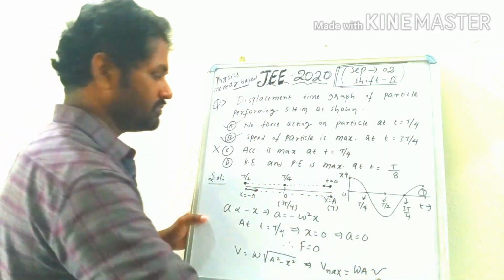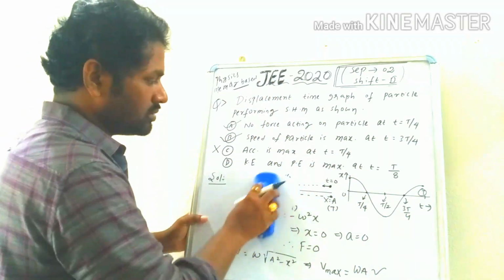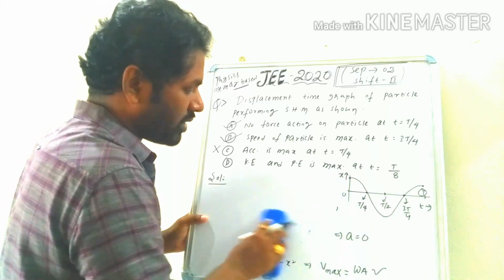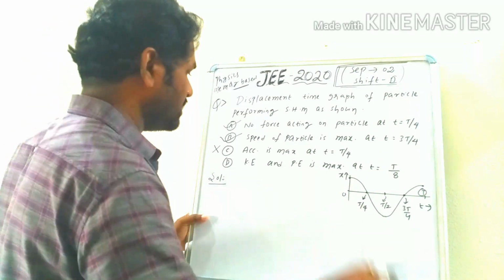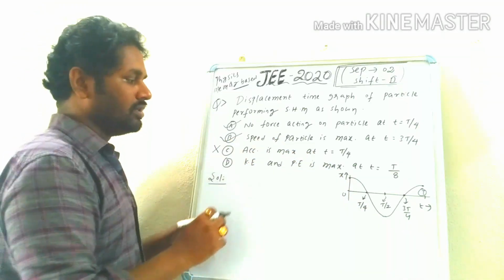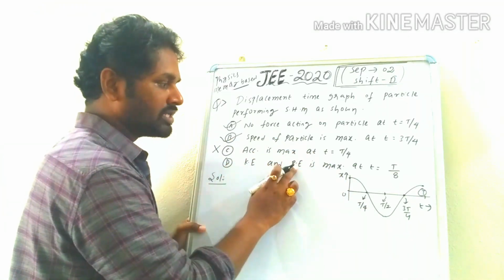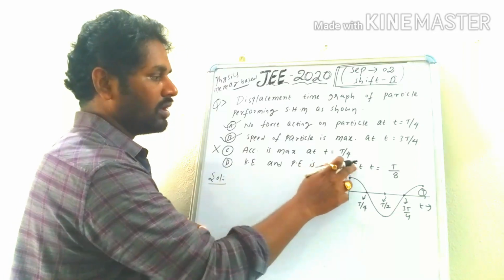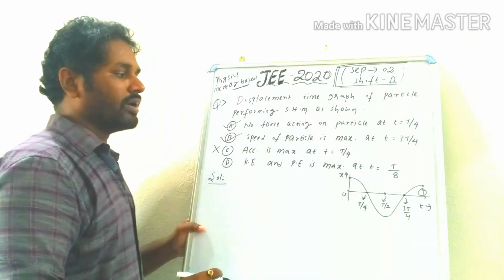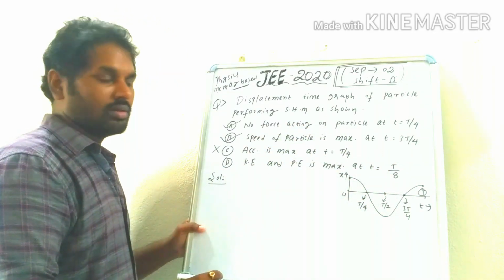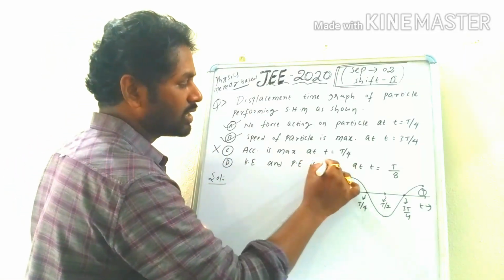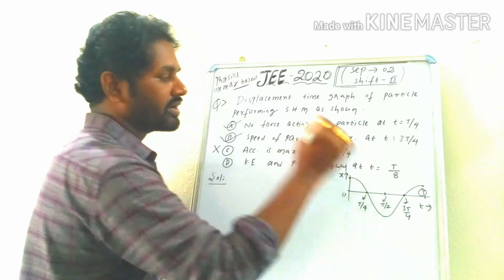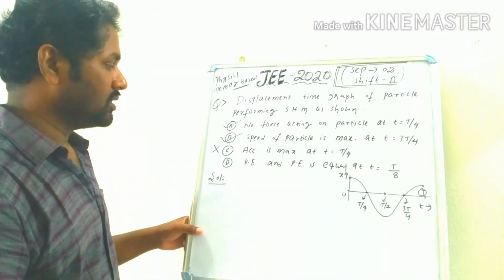So let us find the last statement. So what is it given? Kinetic energy and potential energy is maximum at t is equal to T by 8. Actually, it is not maximum. They are asking if it is equal. They are equal at a time t is equal to T by 8.